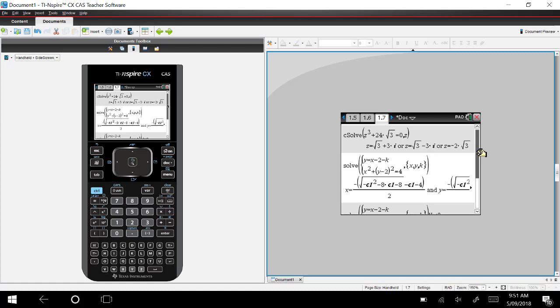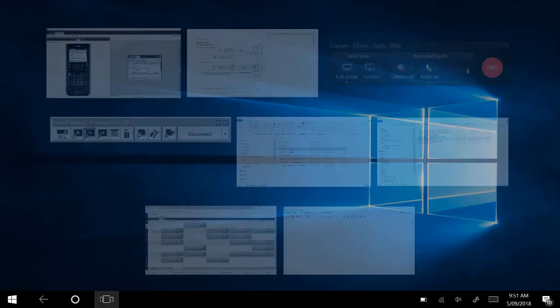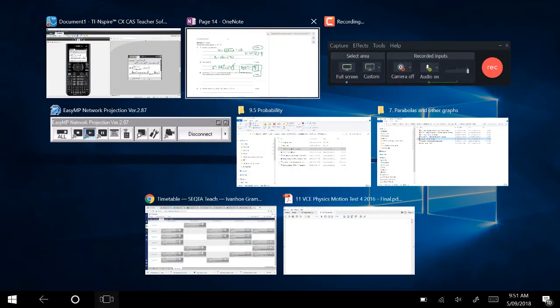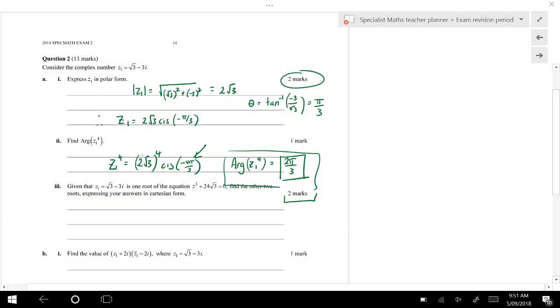We've got Z equal to root 3 plus 3i, root 3 minus 3i. Of course, they come in conjugate pairs. There's our conjugate pair, isn't it? And the other one, which is a real solution, of minus 2 root 3. So we just simply write those out.